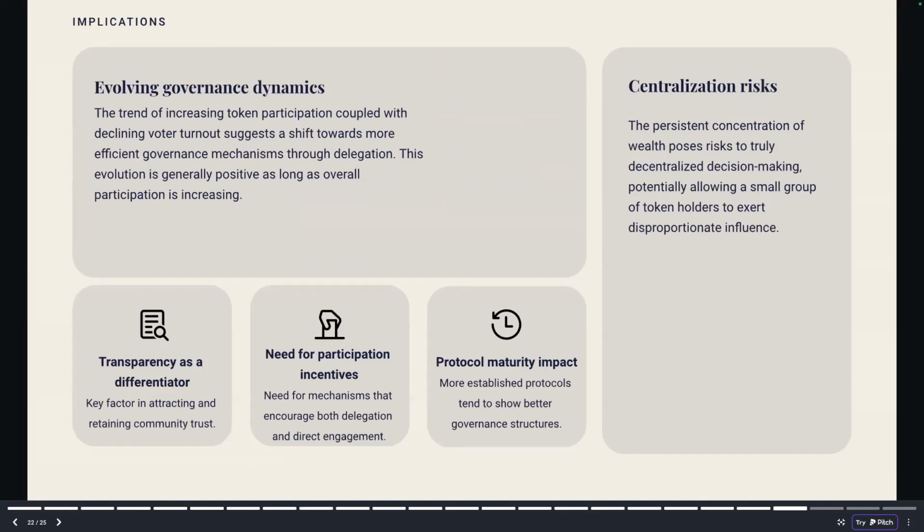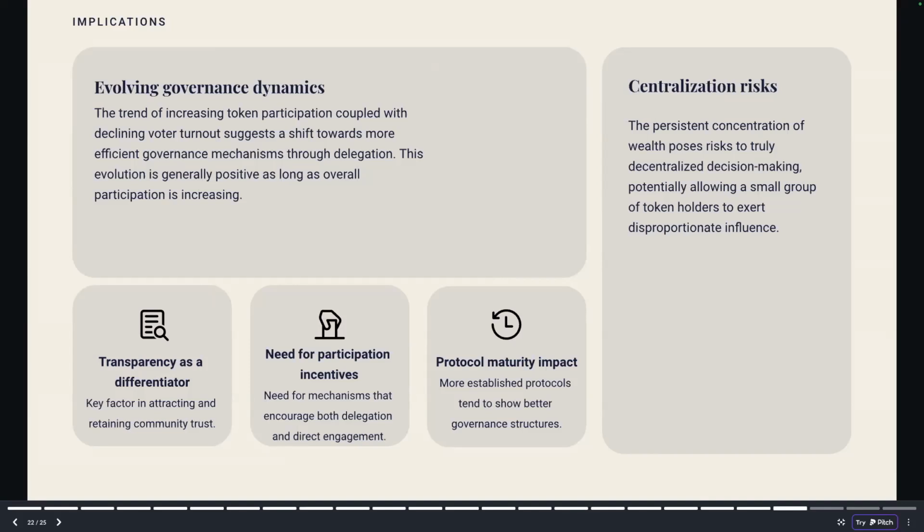This evolution can generally be seen as positive as long as overall participation is increasing, because there's a definite need for participation to increase, or for participation incentives. There's a need for mechanisms that encourage both delegation and direct engagement in the protocols.